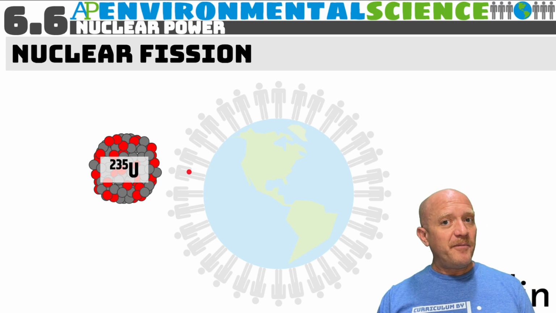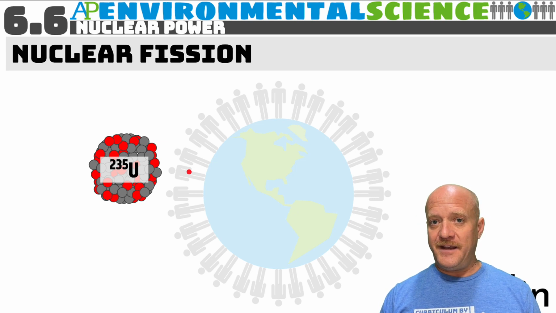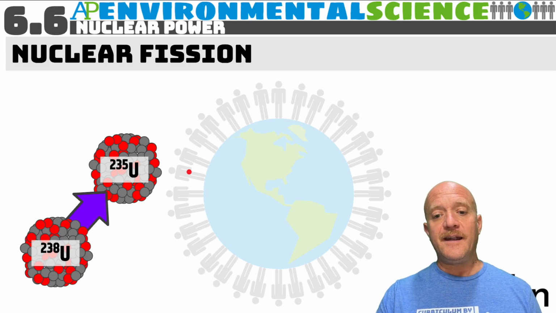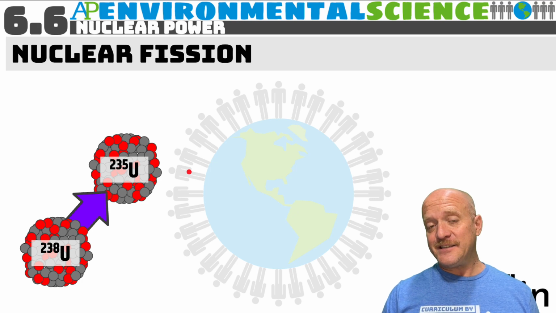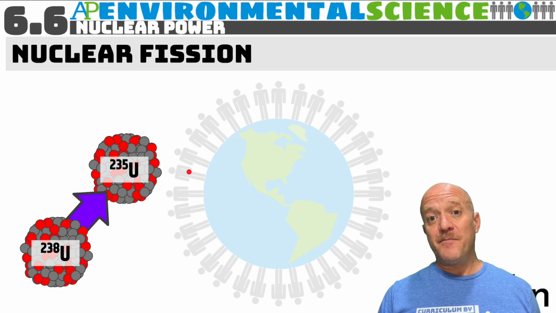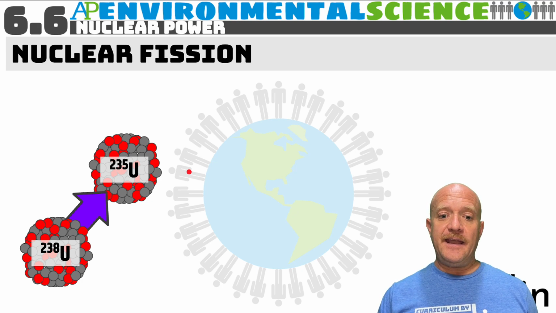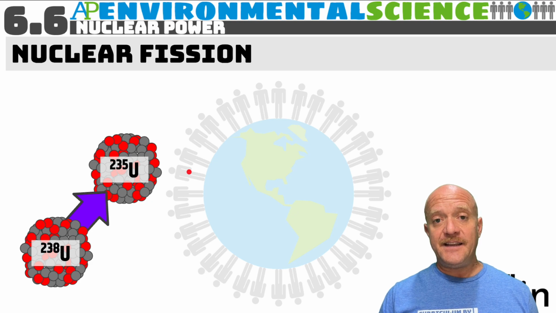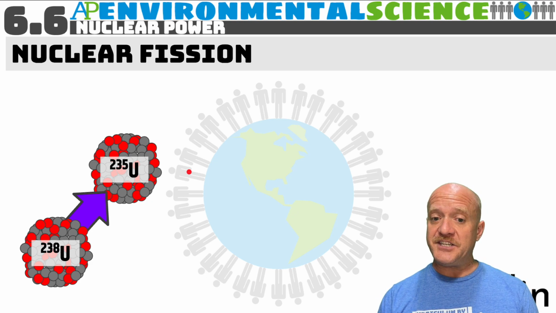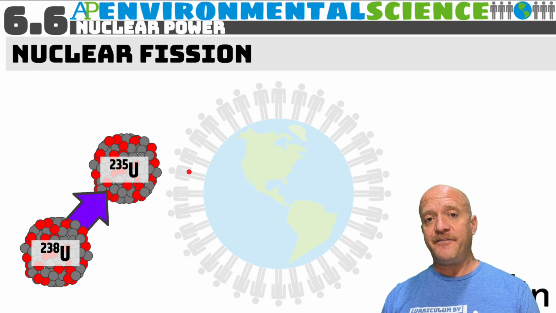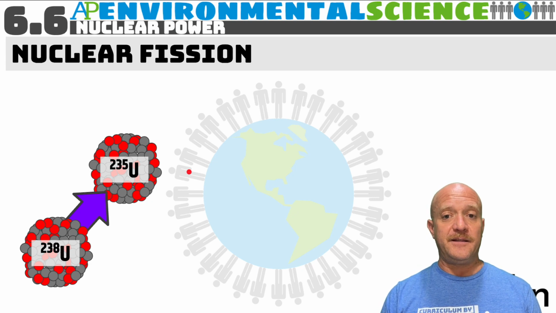Now, the only problem is we don't really have a lot of uranium-235. We got a lot of uranium-238. So the uranium that we are mining contains predominantly uranium-238, and we need to enrich this in a manufacturing facility. So first it needs to be enriched into uranium-235, and then you can complete the process.